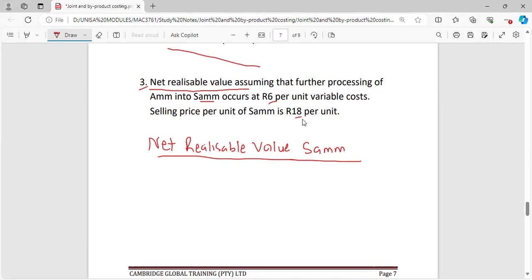Your net realizable value is going to be the sales value less further processing cost. Am I right?